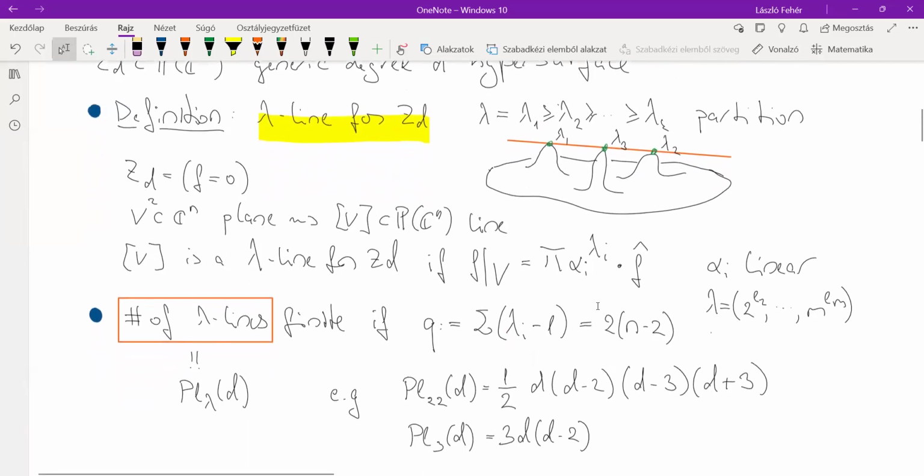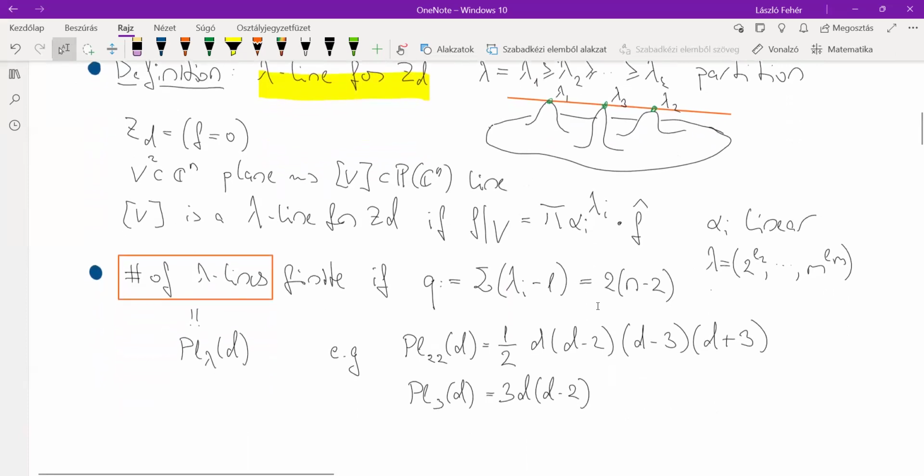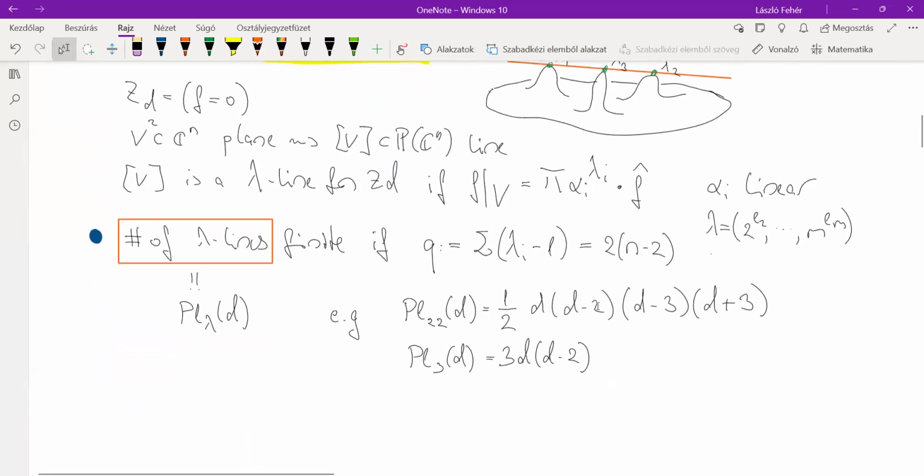So we can expect finitely many lambda lines if the codimension is equal to the dimension of the space of lines. The space of lines is a Grassmannian, a 2-Grassmannian, which has dimension 2 times (n minus 2).